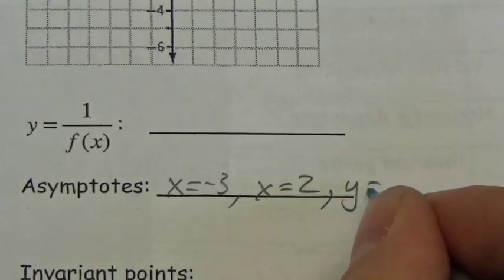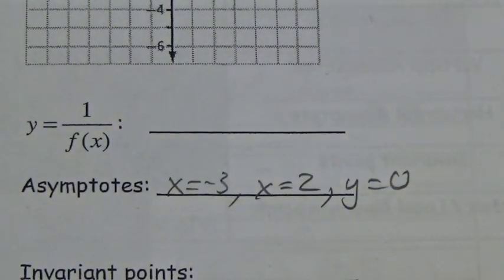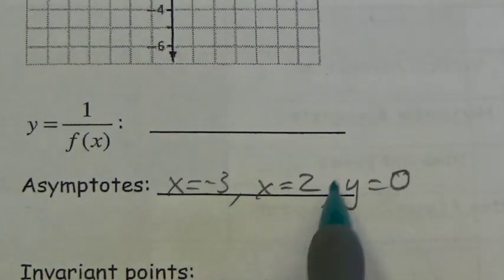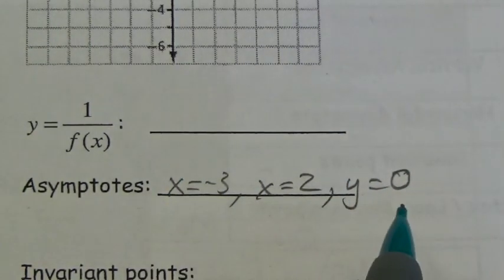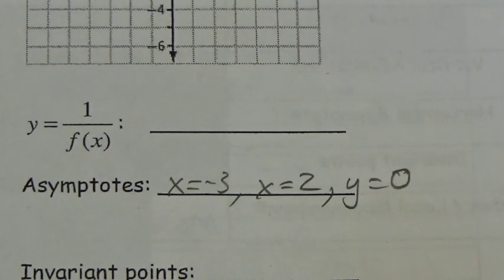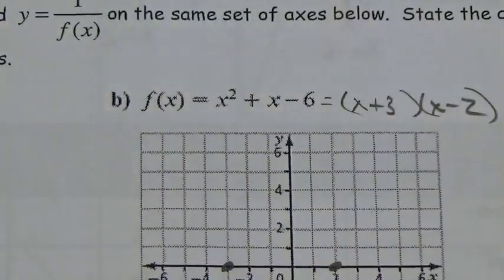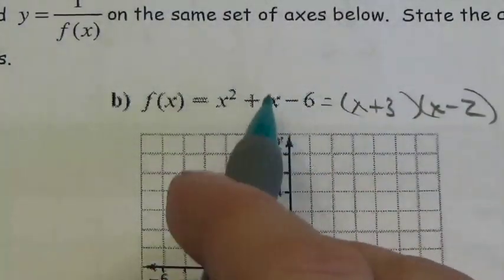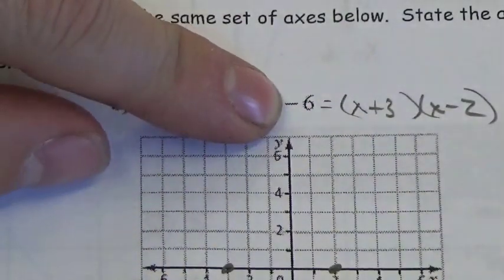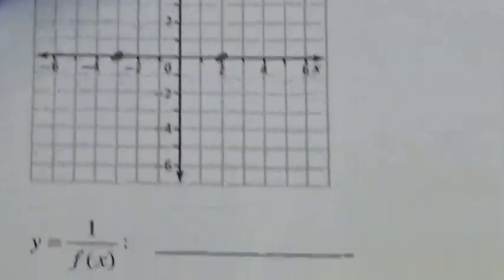And for that matter, I already know it's going to have a horizontal asymptote at y equals 0. Okay. Now, that's not always true, just like this isn't always true. It's just that for the vast majority of the questions that we're going to do in this course, it will be true. Okay? Now, the next thing that I want to do is I'm going to complete the square on this to figure out what the vertex is. Oh, by the way, I also know from here that the y-intercept here is going to be negative 6.